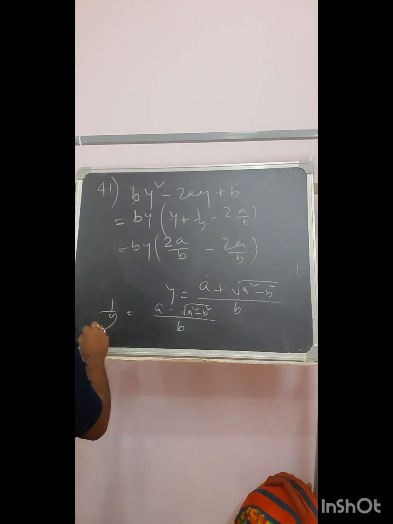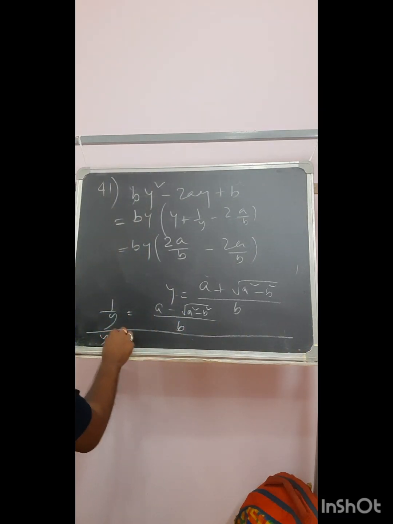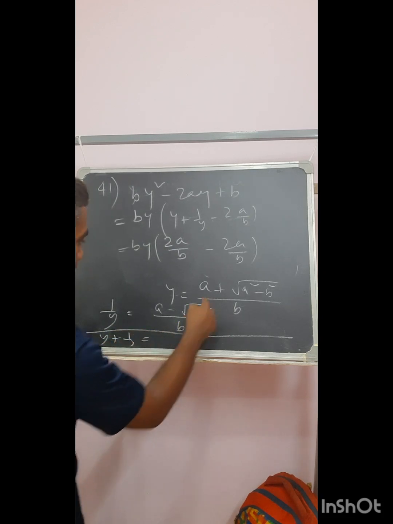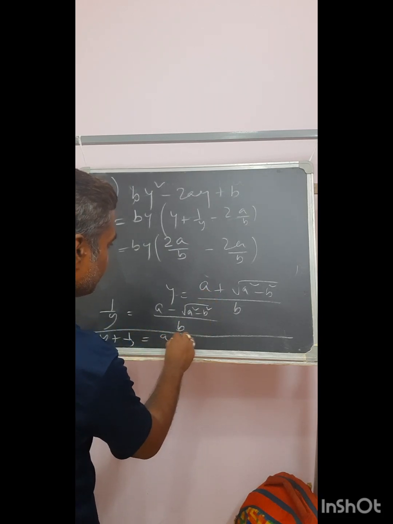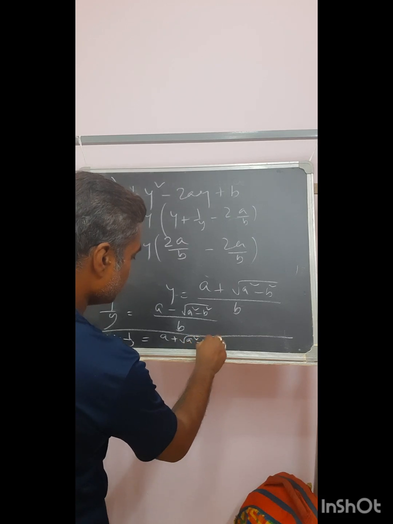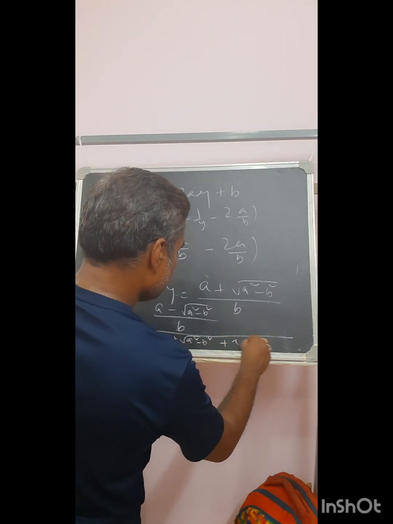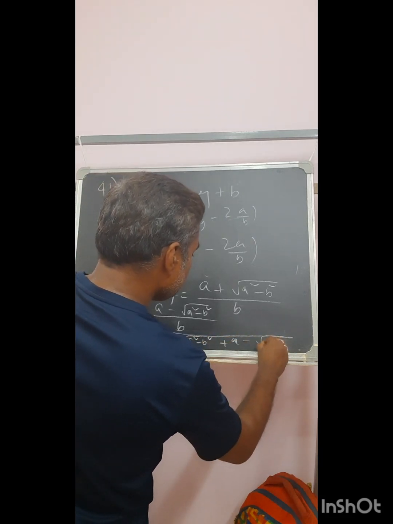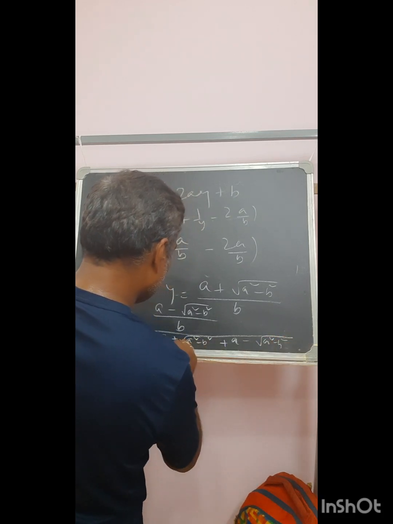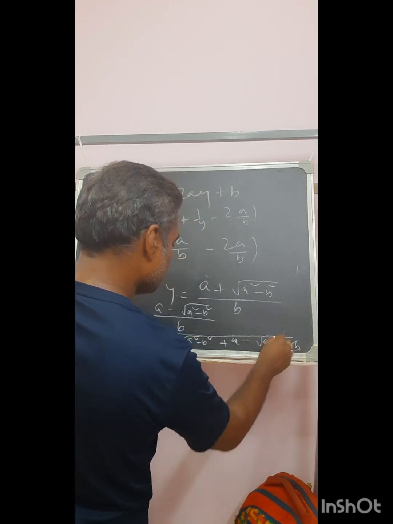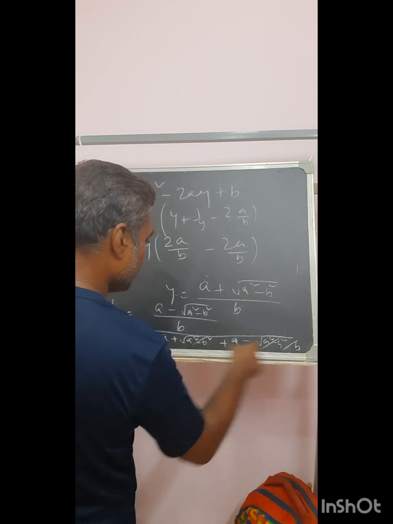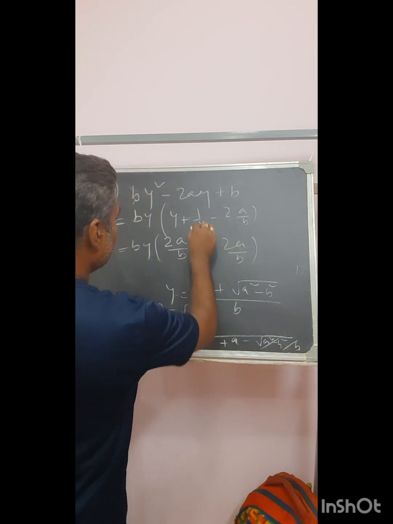You sum it together, y plus 1 by y, what will you get? A plus square root minus b square plus a minus a square plus b square whole divided by b. So this will be cancelled out. I will get 2a by b here. So now see, this will be cancelled out.